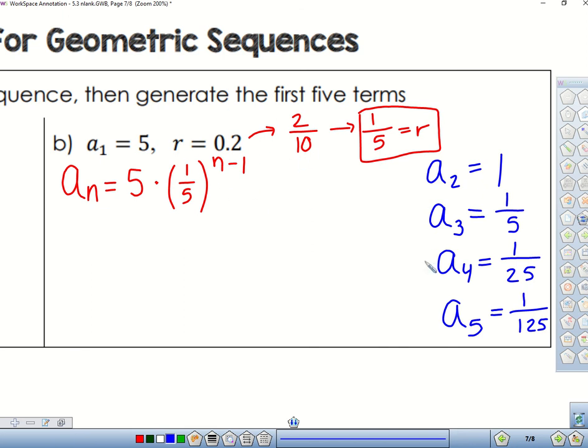Now keep in mind that if you decide to use the decimal, you're not going to be dividing by that decimal. You're going to be multiplying by it, okay? So if you use the decimal, you still multiply, always. If you divide by a decimal that's smaller than 1, your number gets bigger. So make sure you multiply.